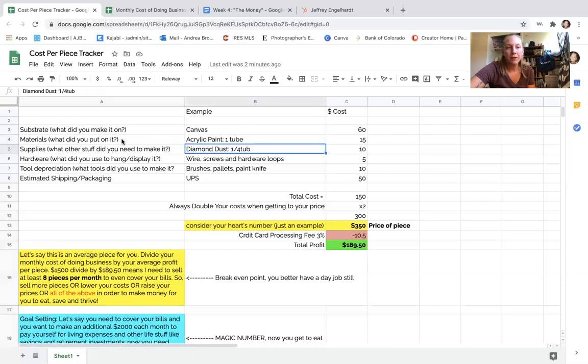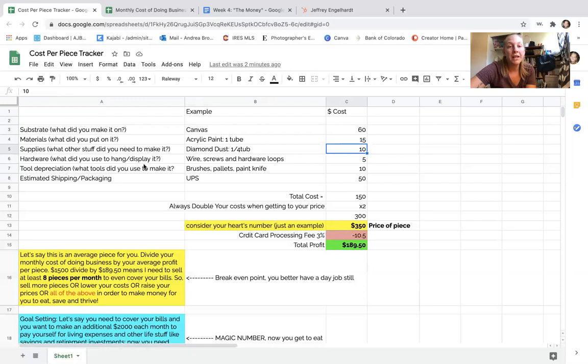This might actually be one of your materials, or sand, something else that you used to make your artwork. I just used this as an example. I know my friend uses a lot of diamond dust. So, if a tub costs 40 bucks and I used about a quarter of a tub, that's $10.